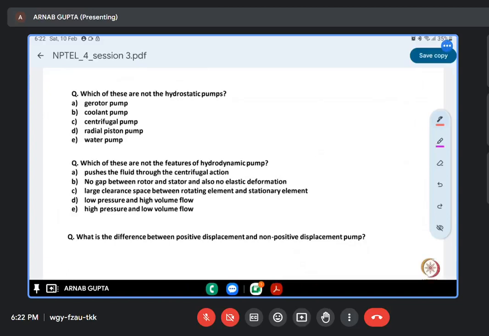Which of the following are not a type of hydrostatic pump? What do you mean by the term hydrostatic? Hydrostatic basically means it is a positive displacement pump.